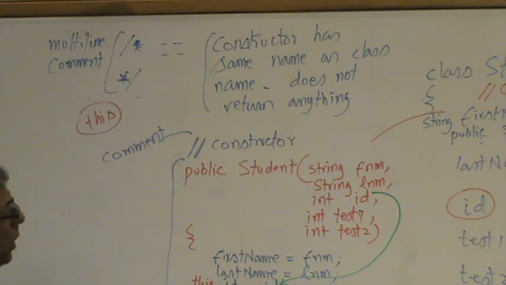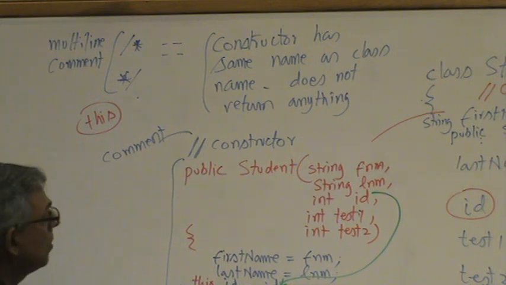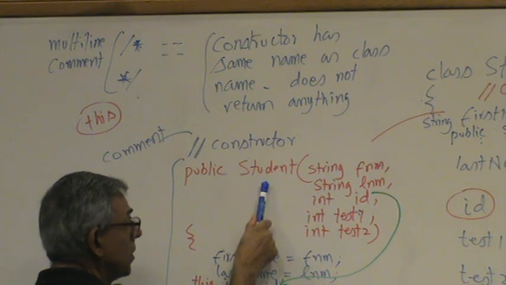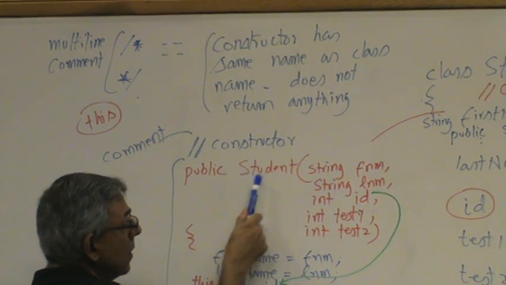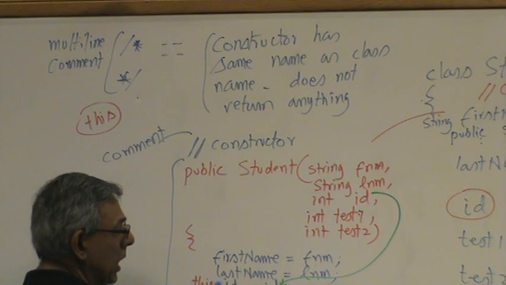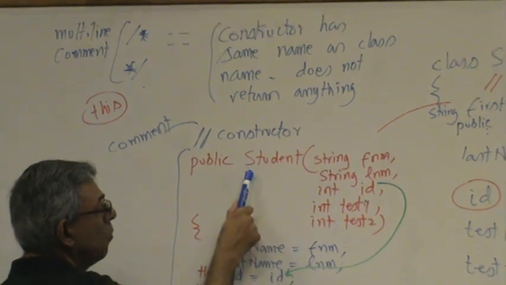Okay, so now let me point out one small difference between C# and C++ as an example. As soon as you write this public student, this is a constructor which takes 5 inputs, right? 5 parameters, and then initializes all the data in one call.